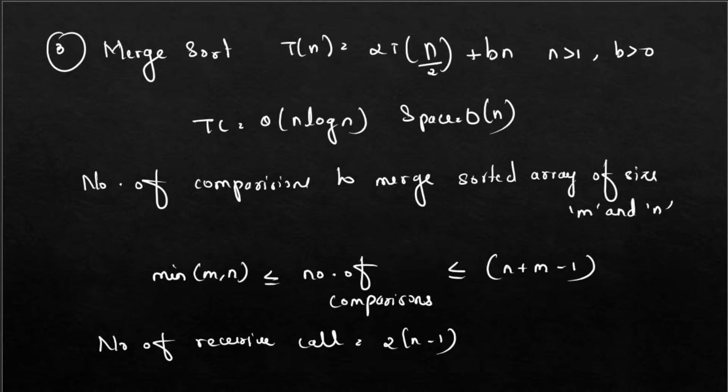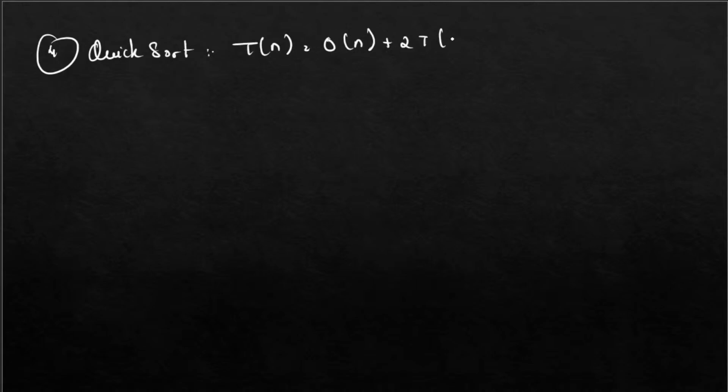Now let's discuss quick sort. So T(n) is big O of n plus 2T(n/2), and this will be big O of n log n.